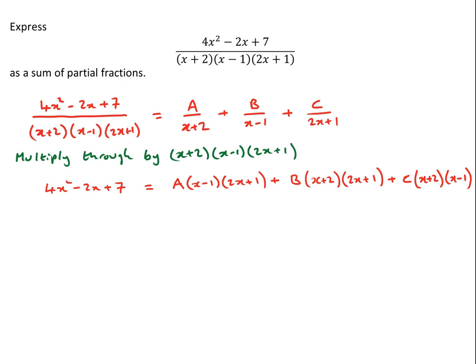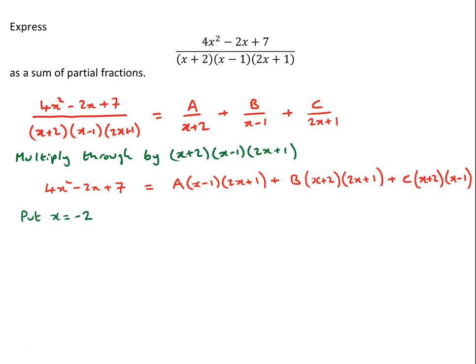We want this to be correct for all values of x. And if it's going to be correct for all values of x, it's certainly got to be correct for x equals minus 2. Why did I choose x equals minus 2? Well, if I've got x equals minus 2, the last two terms on the right hand side will just give me 0.